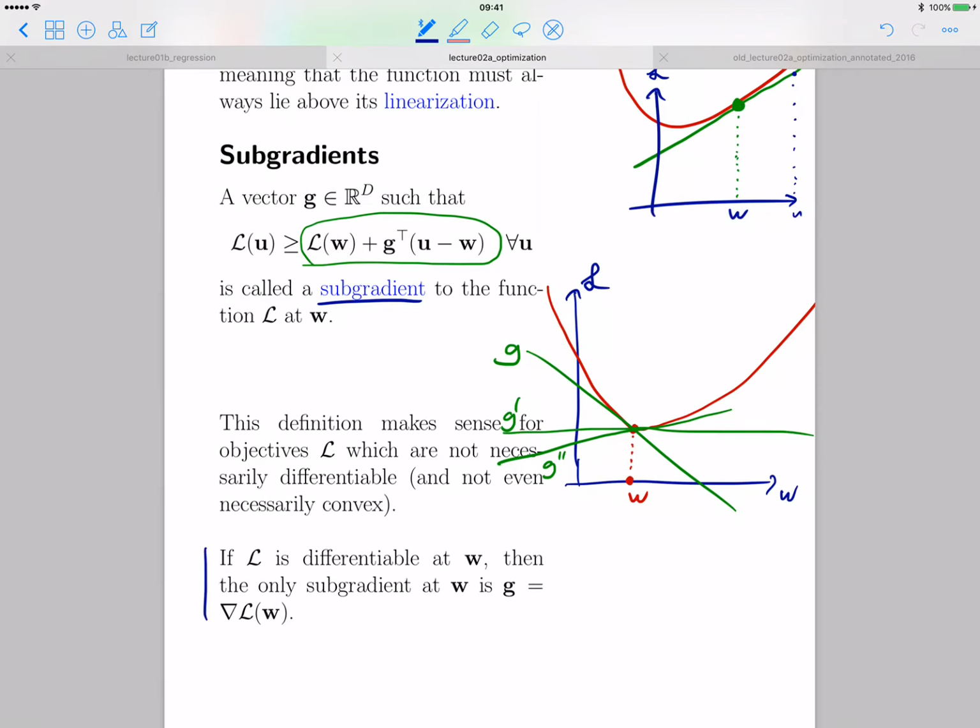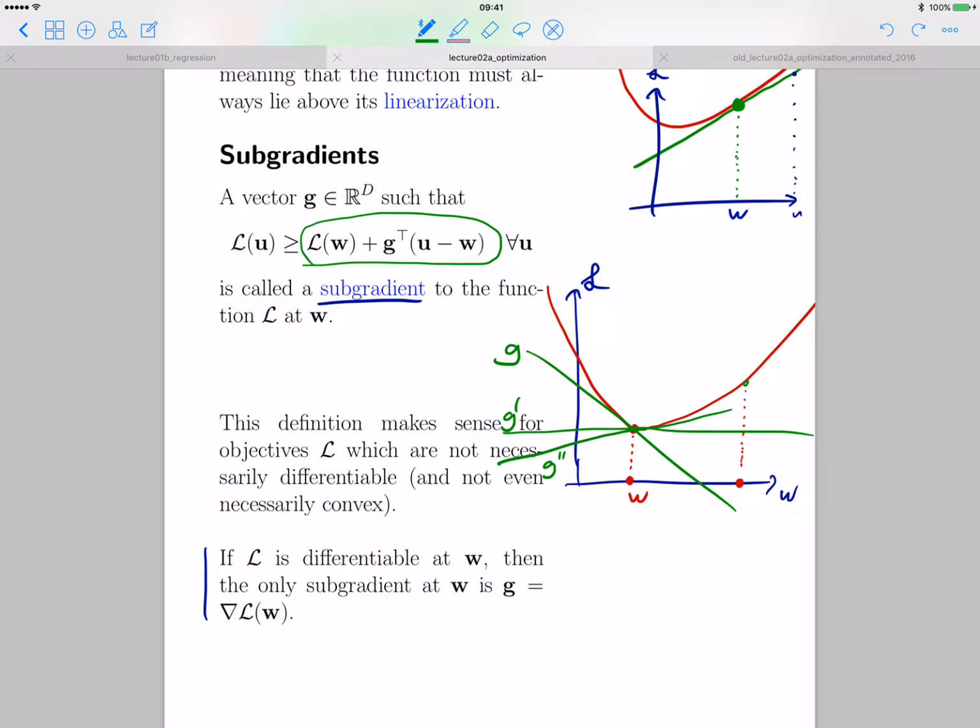What does this have to do with the old thing? It's actually a generalization, right? Because if you're at one of the regular, boring normal points here, then there is only one supporting tangent. I mentioned this before. So here there is only one plane.